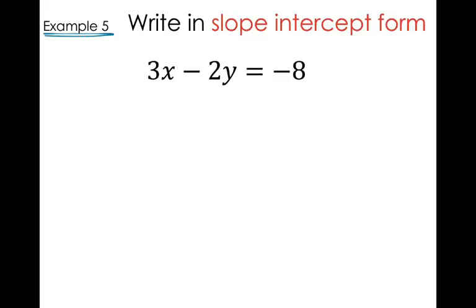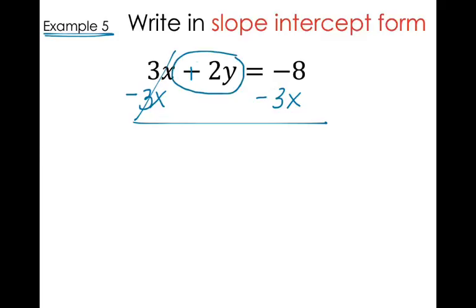Example 5. 3x minus 2y equals negative 8. Now if I subtract 3x from each side, these cancel, and you need to realize that minus 2y leaves me with a negative 2y. If you can see that, you just bring down the negative 2y, that's fine.